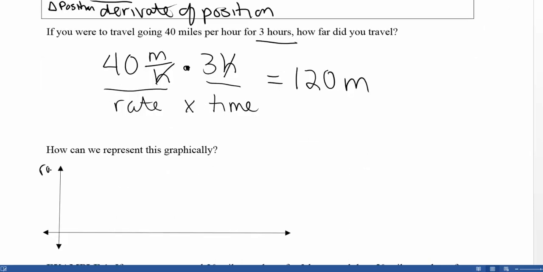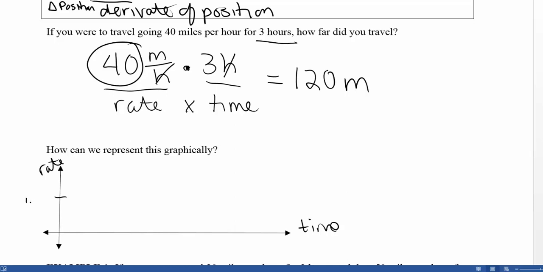So here, we want to graph our rate versus time. So here we're graphing the derivative. And so my rate here is constant, right? It's just 40. It's not 40t or 40t cubed or anything like that. So if your rate is just a number, that just means that you have a horizontal line at that number.